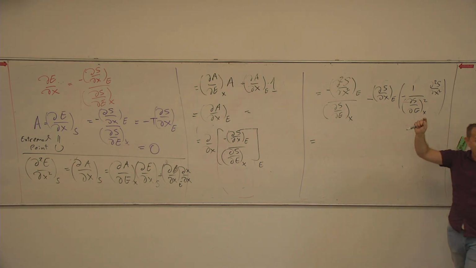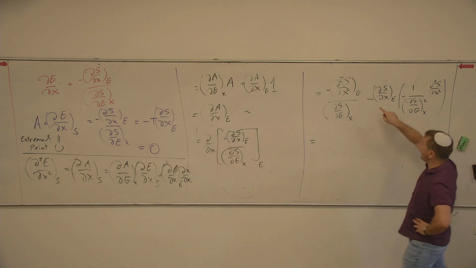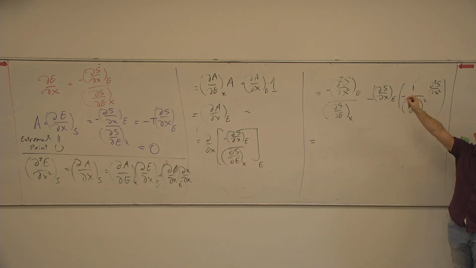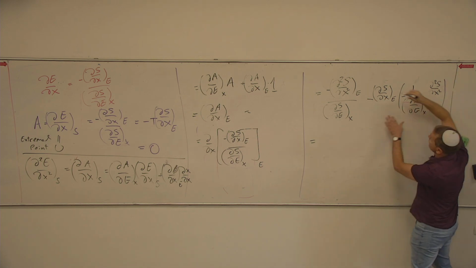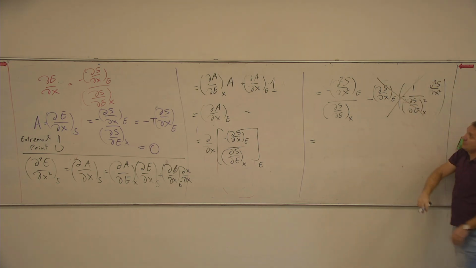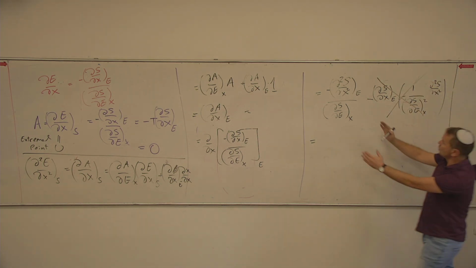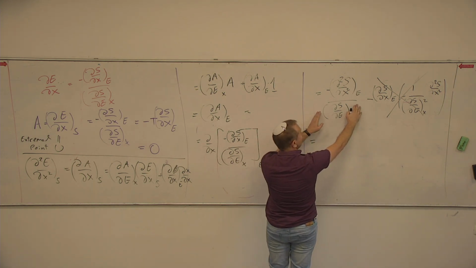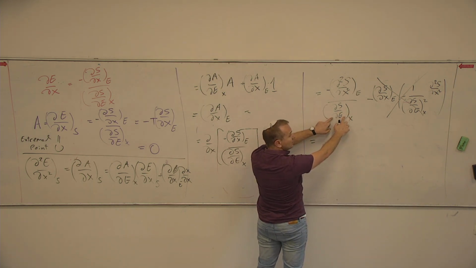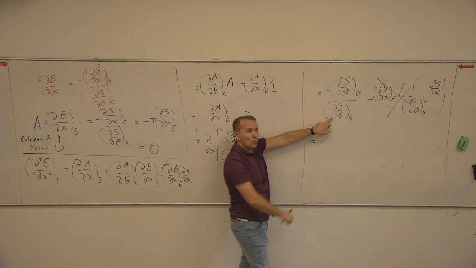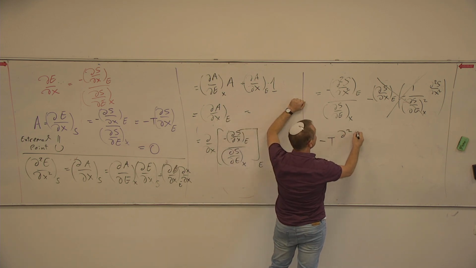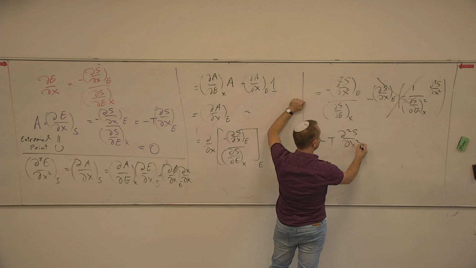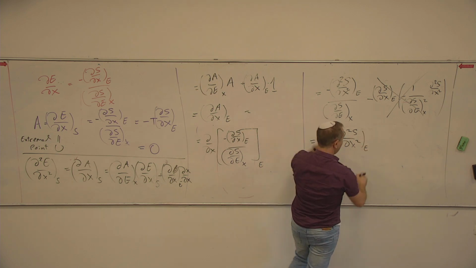Because the entropy is maximal at equilibrium, and we're working at this equilibrium. So this is simply zero, so all of this gets away. Okay. Now, look at this part. We have dS/dE. What is dS/dE? 1 over T, so it goes up, so we have minus T d squared S/dx squared at E.